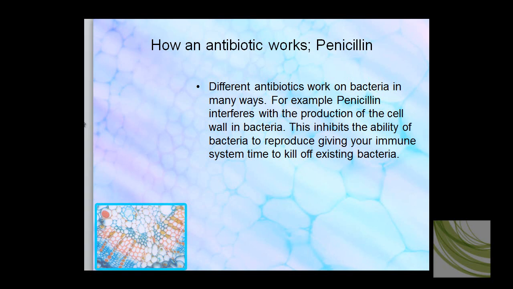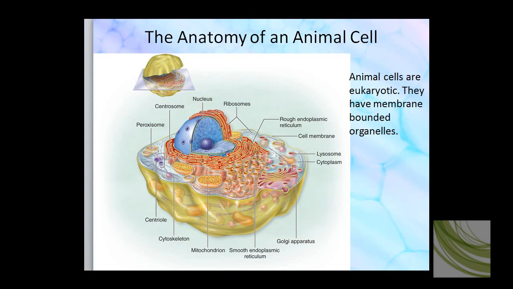So this penicillin could nullify that. How it actually works, penicillin stops the bacteria from reproducing. The way they do that is they interfere with production of the cell wall in bacteria. So the cell wall doesn't form, the bacteria can't reproduce. And so then your immune system will catch up and be able to keep the bacteria from overwhelming your system.